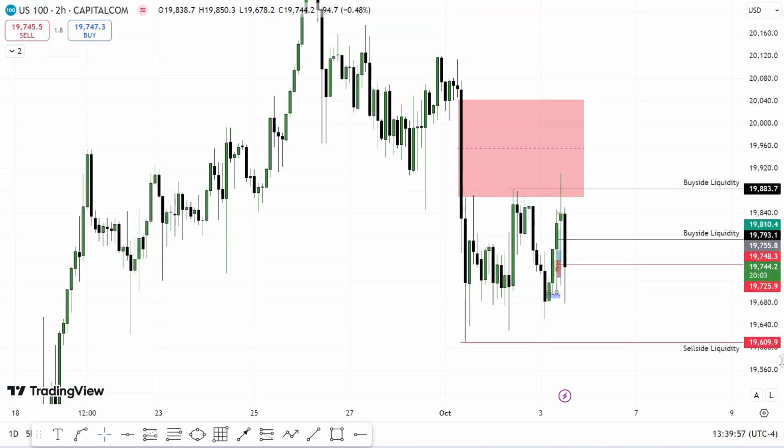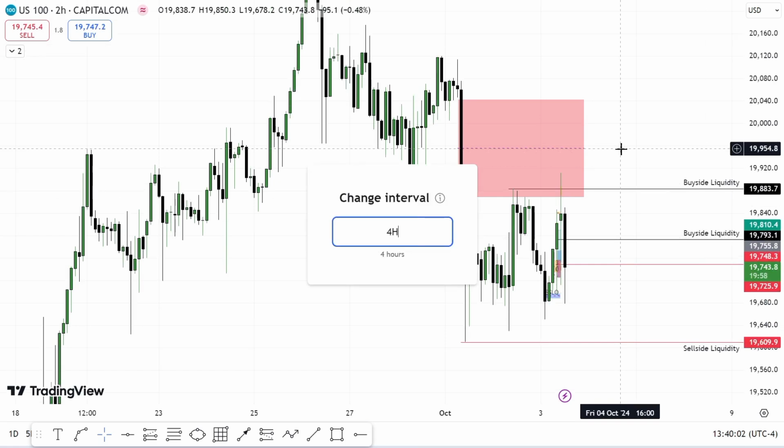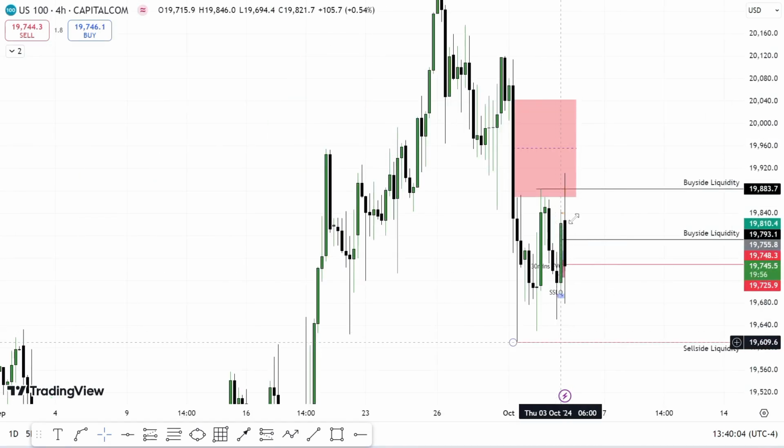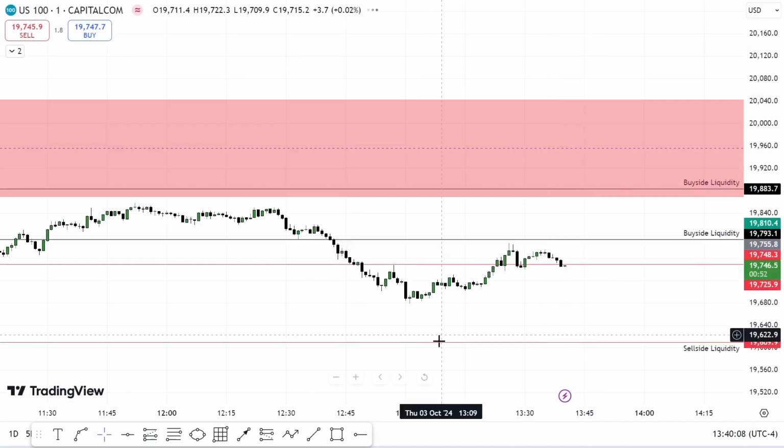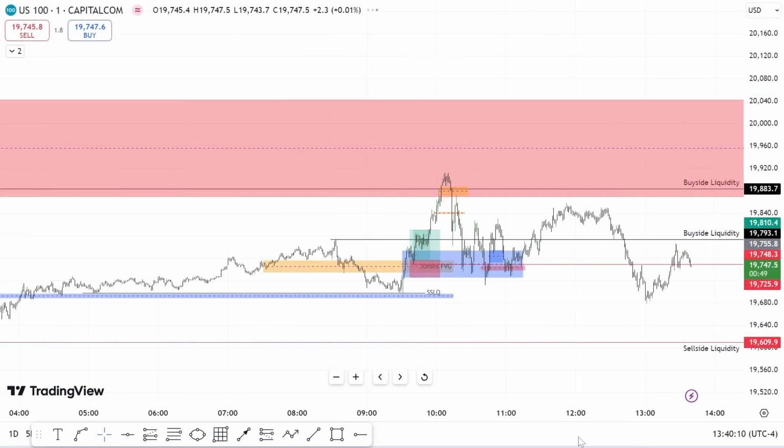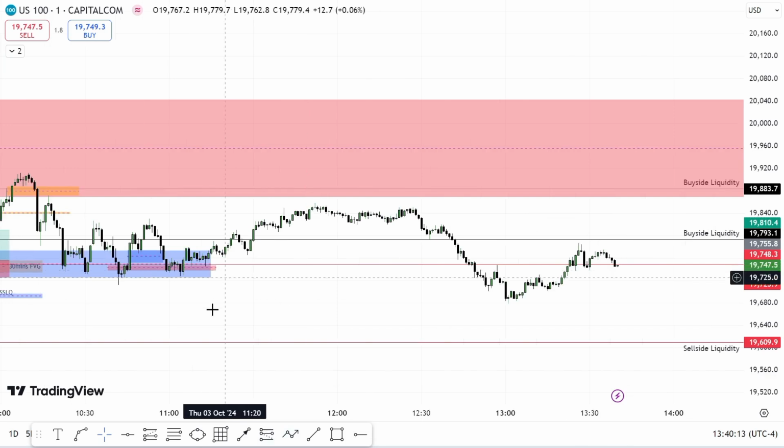So more like a collabo fair value gap. They are in sync, they overlap each other, and there's also a 4 hours bearish fair value gap too. This is a 4 hours bearish fair value gap, so that's why it's really strong at that point. So this was the one I executed once it took out that buy side.